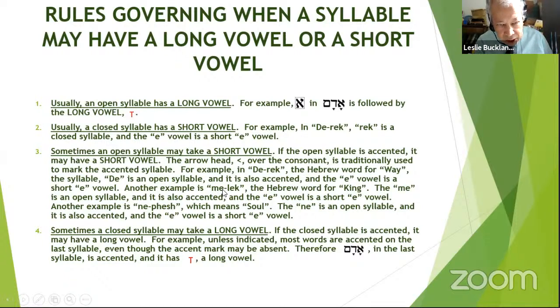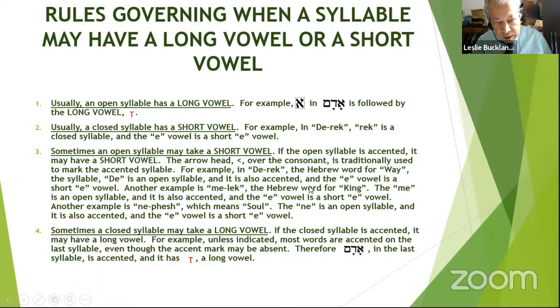Mem, segol, lamed, segol, kaf. M-E, then I put a hyphen to indicate this is the end of one syllable and the beginning of another. Lek. Here is another open syllable, me, consonant followed by vowel.